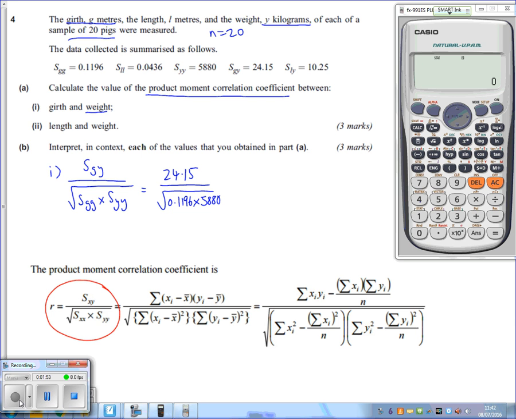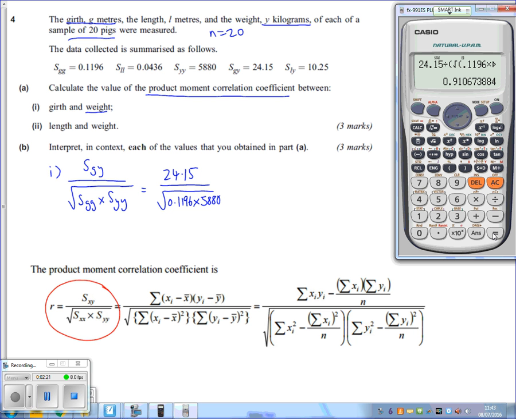Plug that in, 24.15 divided by the square root of 0.1196 times 5880. That gives 0.9106, and it doesn't tell us how many significant figures or decimal places it wants.